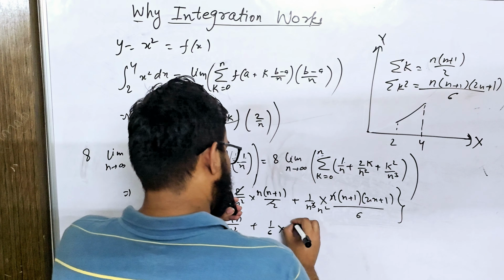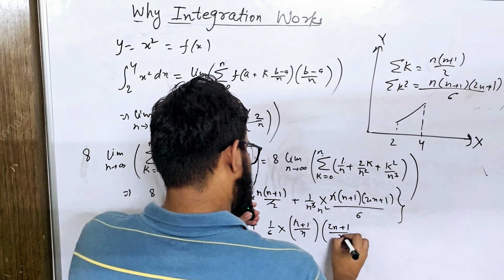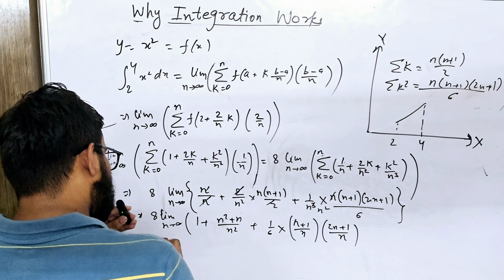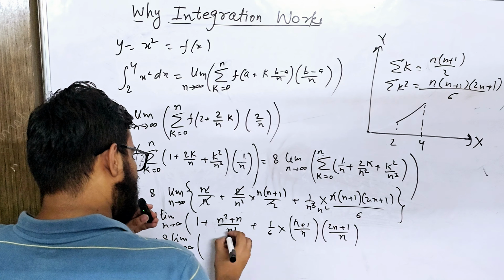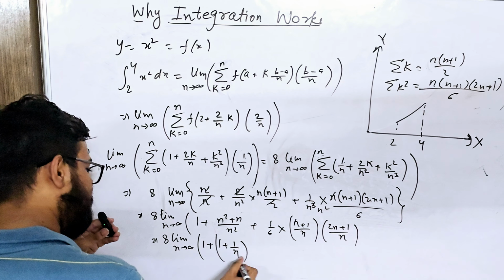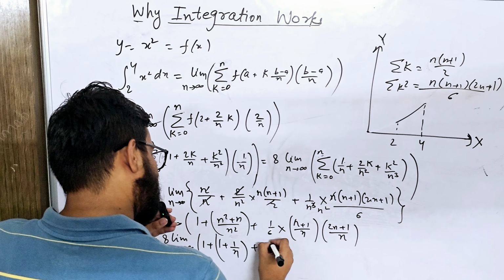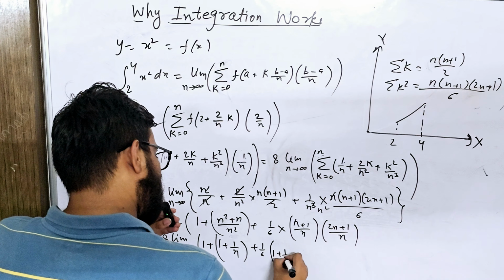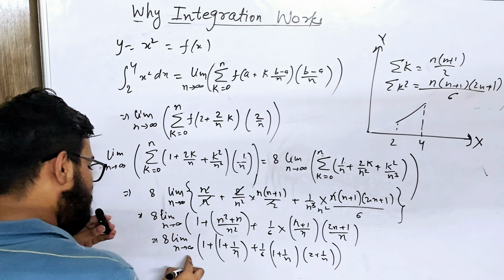So it will be (n+1)/n times (2n+1)/n. So it will be 8 times the limit as n tends towards infinity of 1 plus (1 plus 1/n), plus 1/6 times (1 plus 1/n) times (2 plus 1/n).